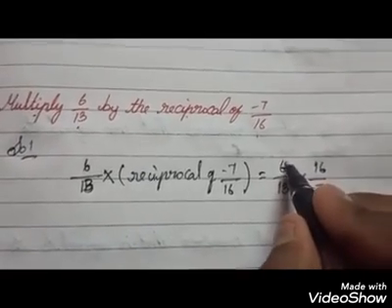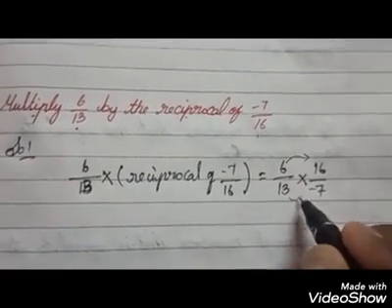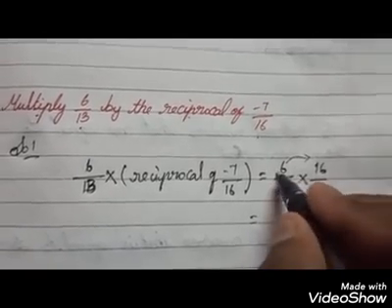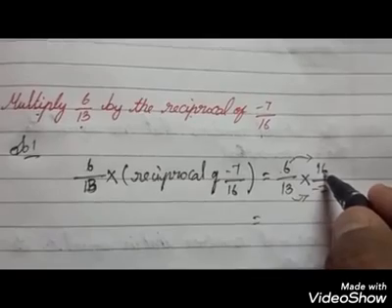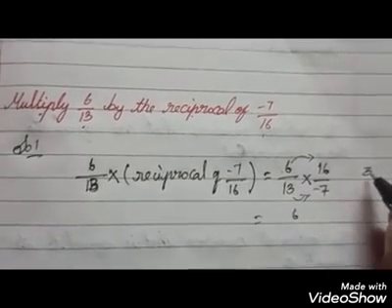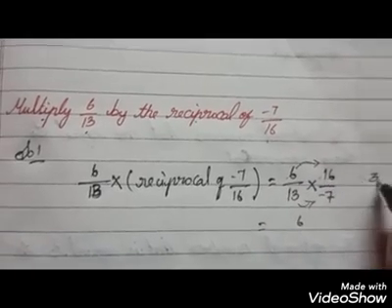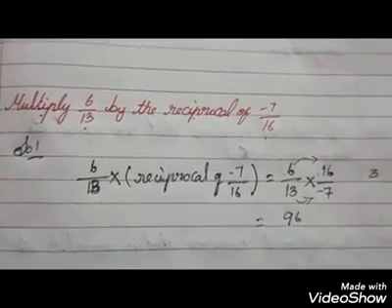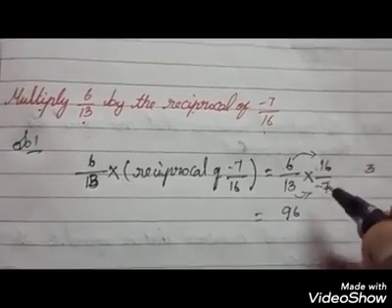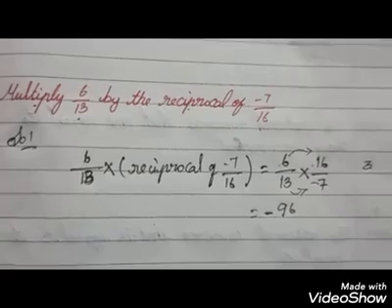Now you multiply numerator to numerator, denominator to denominator. What is the multiplication? 6 into 16. 6 sixes are 36, 6 remaining 3. 6 ones are 6 plus 3, it should be 9. So automatically the negative goes to the numerator, no problem.